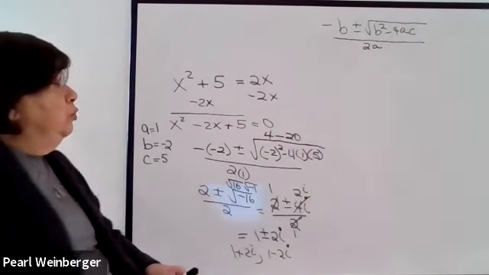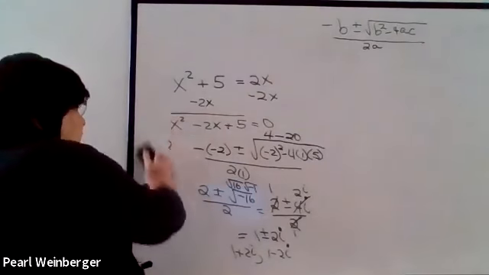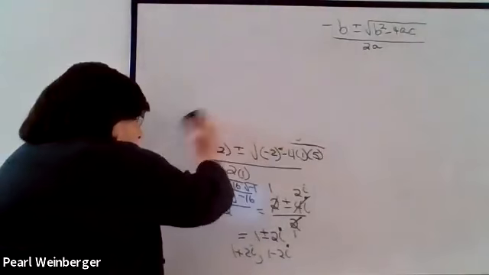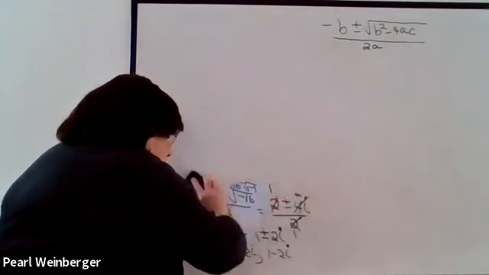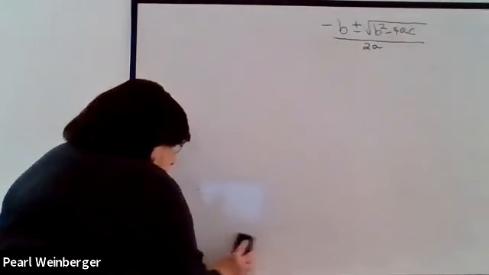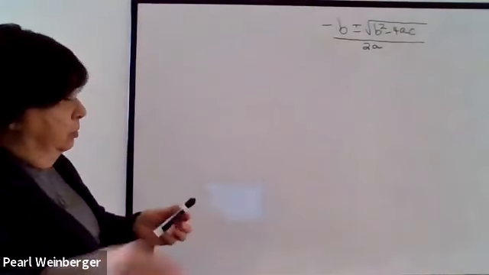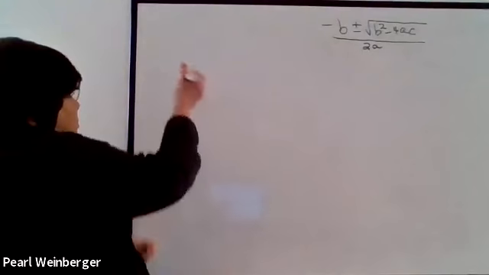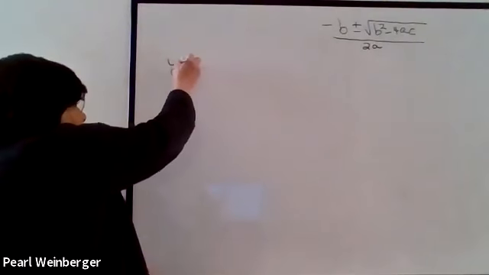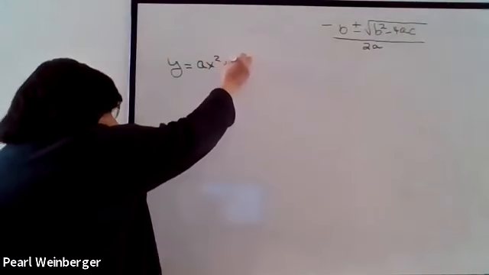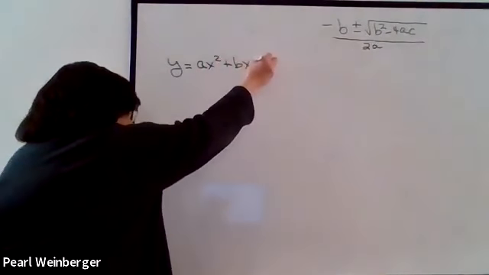Today, we're going to talk about the first type of graphing that we can have with quadratic equations, where we have an equation that looks like this, y equals ax squared plus bx plus c.